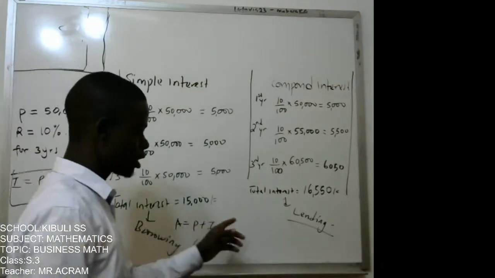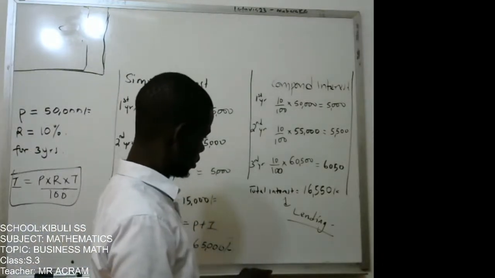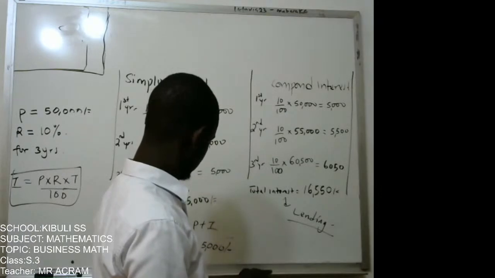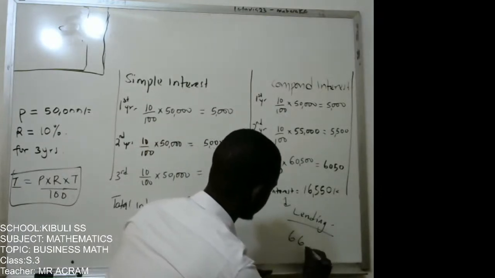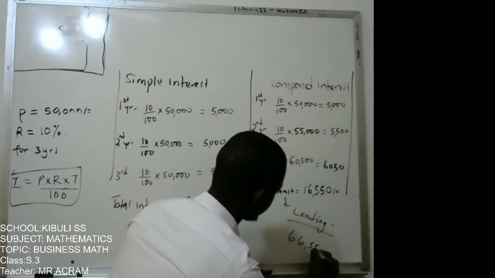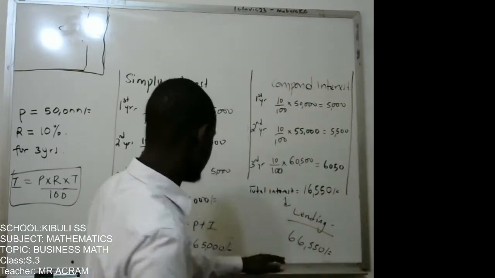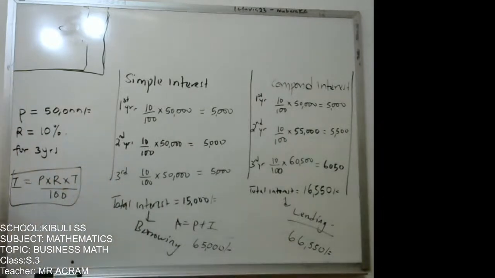Whereas here, what are you going to take it back? 66,550. Now you see that here you're taking more money back. Okay? So this one is good for a person who is lending, but this one is better for a person who is borrowing. So you should differentiate those two.